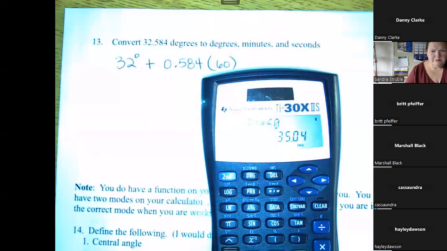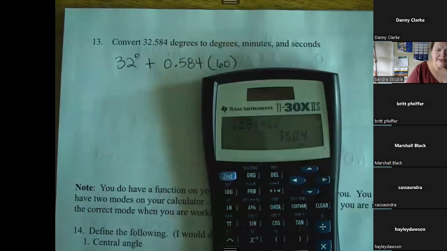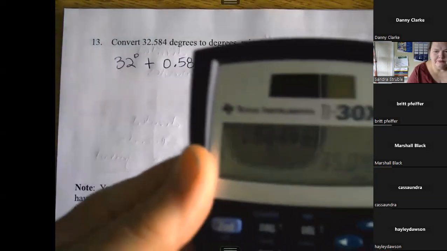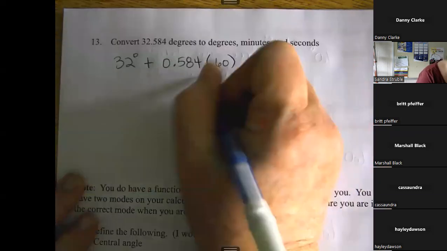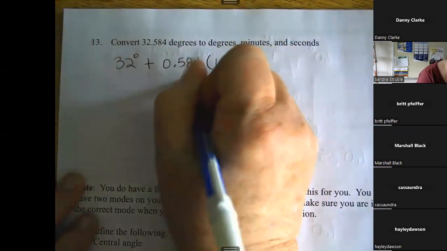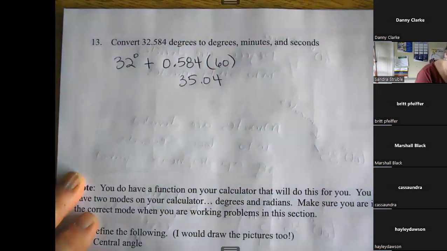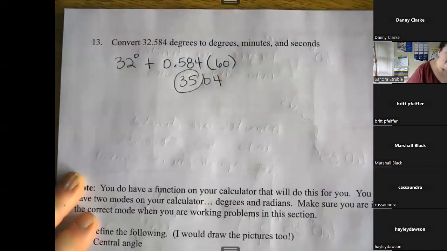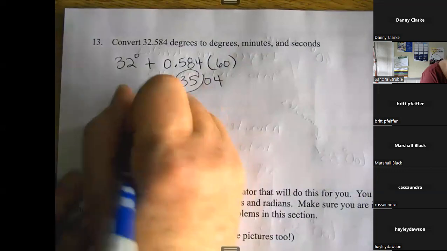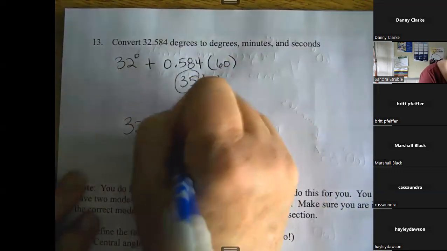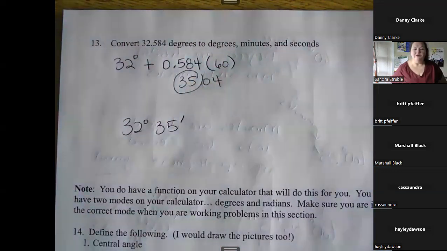Nope, that didn't help. So I get 35.04. There we go. I got 35.04 here. That 35 is going to be my minutes. So I've now got 32 degrees, 35 minutes. And I'm left with 0.04.